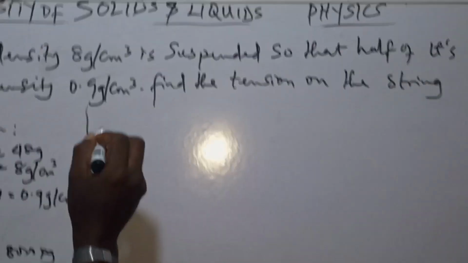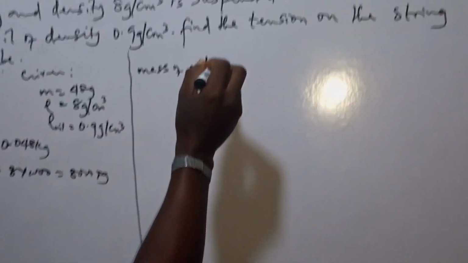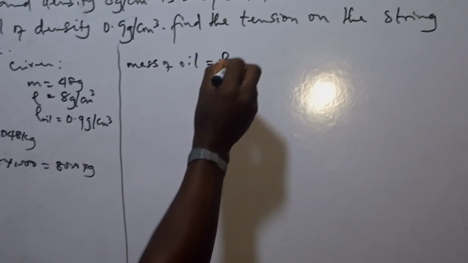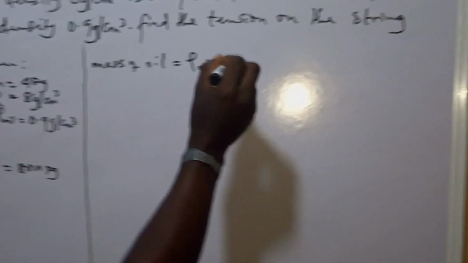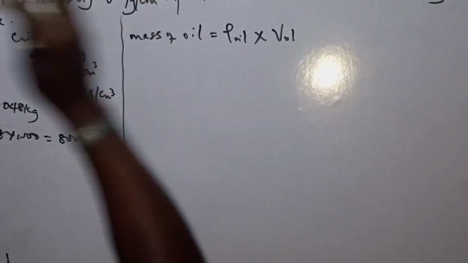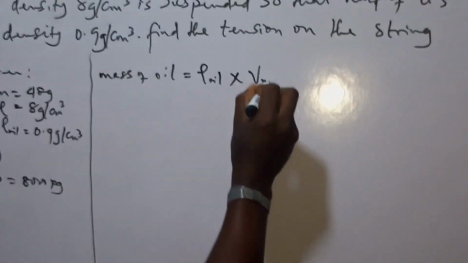Therefore, you have the mass of oil equal to the density of oil multiplied by the volume of oil.